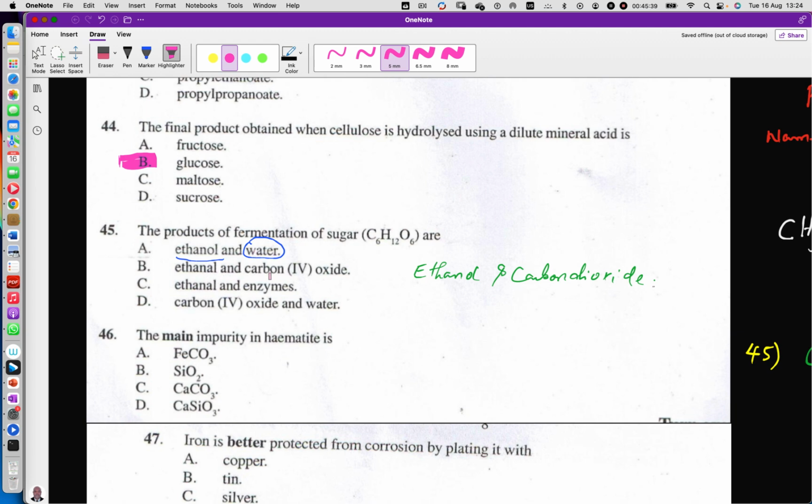Ethanol and carbon dioxide. The right answer here would have been A, ethanol and carbon dioxide. These are the products of fermentation of carbohydrate or glucose.